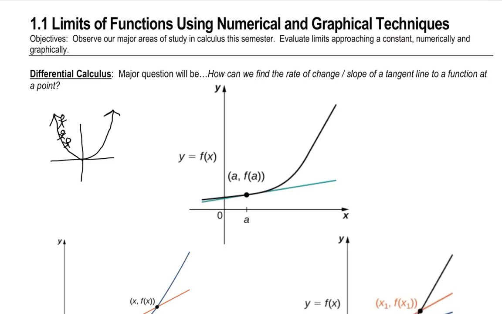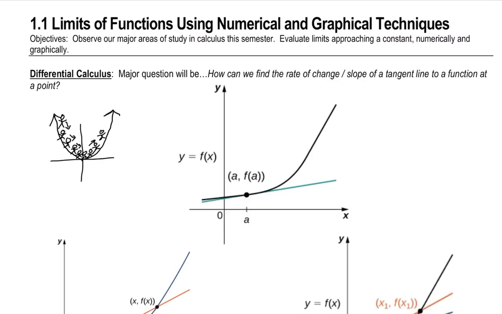Initially it's really steep, and then as you get closer to the origin, it becomes a little bit less steep, sort of flattens out a bit. And then as you make the turn, you've gone from a decreasing slope to an increasing slope. Again, going from left to right, it starts off not very steep, but then if you're walking up this function, it continues to get more and more steep.